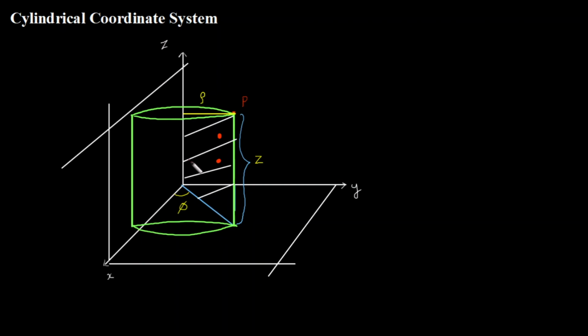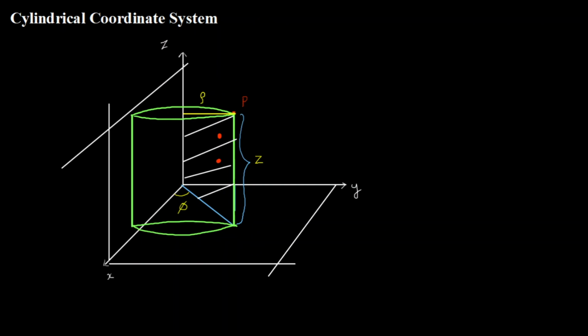What changes? Rho remains the same because the point is on the surface. Please visualize, it's a three-dimensional cylinder. So rho remains the same, and accordingly you can drop a perpendicular here, join from the origin, complete this half plane and measure phi. Phi will reduce or increase, doesn't matter, you can measure phi, and rho is constant. But what about this z? When point P is here, this will be my z. When point P is here, this will be my z.